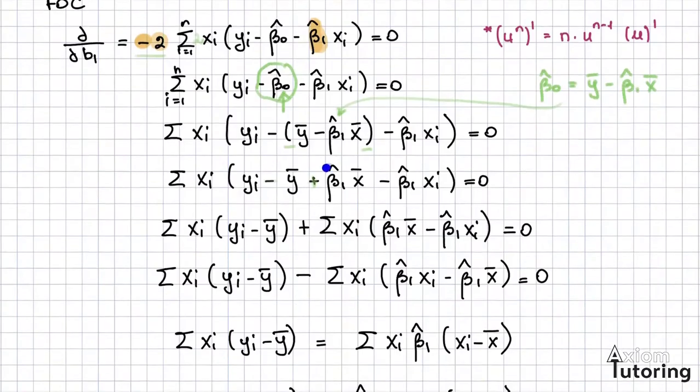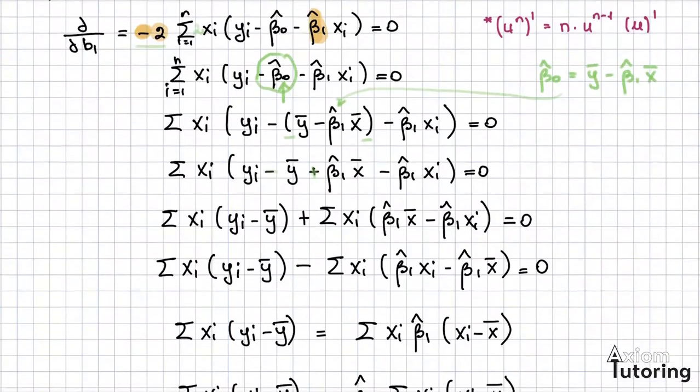And the b1 hat x bar minus beta 1 hat xi, it's all together, again, multiplied by the xi. Because of a certain shape we are trying to get in the end of the beta 1 hat, which you have very likely seen at some point in your materials, we are simply doing a little math trick in here.